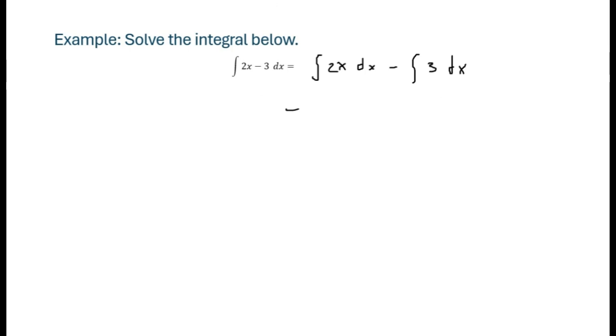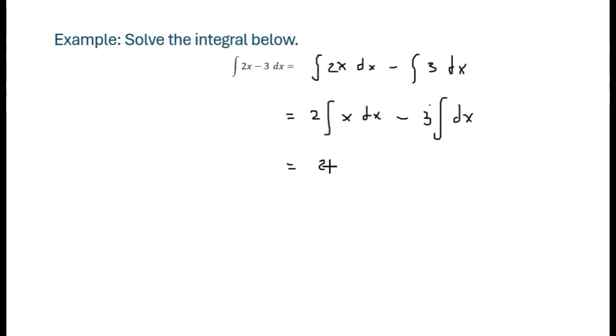Let's do it term by term, just to make it simple, step by step. I pull out the 2, integral of x dx. And for the second term, I pull out the 3, and we have the integral of dx.